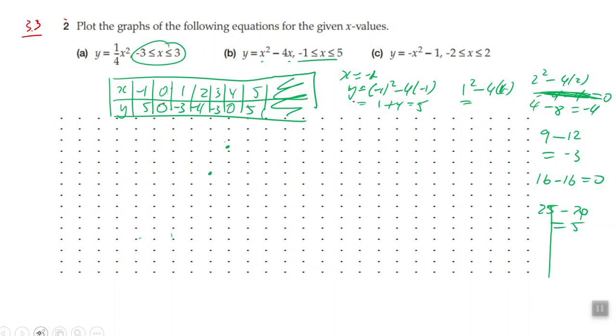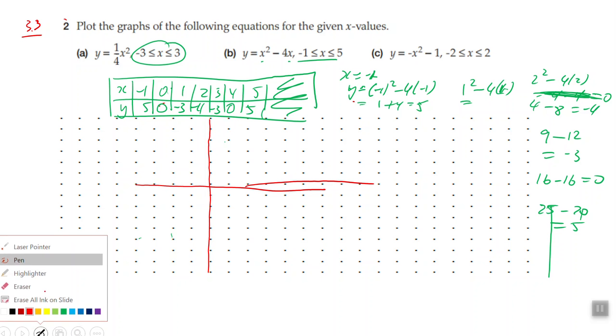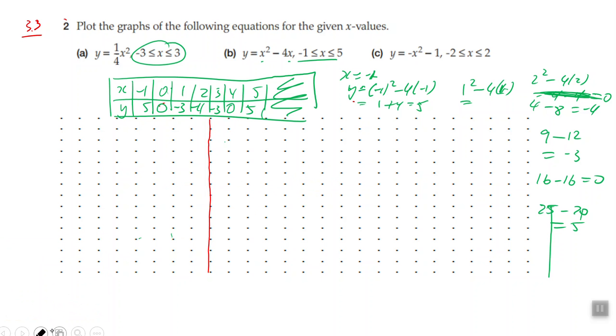Let's draw the graph. So we'll go for red to draw the scale. We're going to need more room over here. Okay, so we're starting at -1.